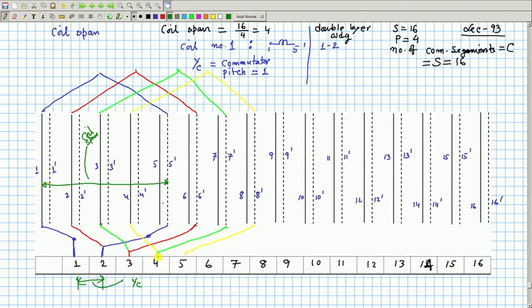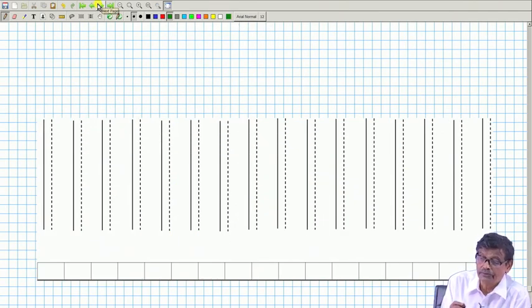So, it is called a simplex lap, progressive lap winding. Winding progresses from left to right. If Y c is assumed to be minus 1, it will progress in the opposite direction. Okay, this elaborate diagram, instead of drawing, I also told you.